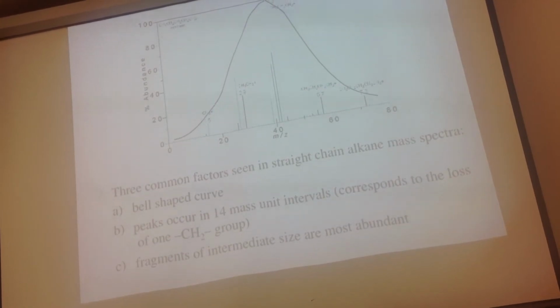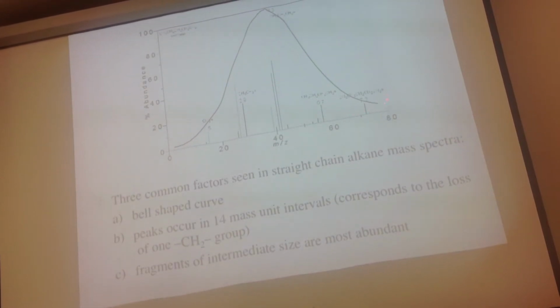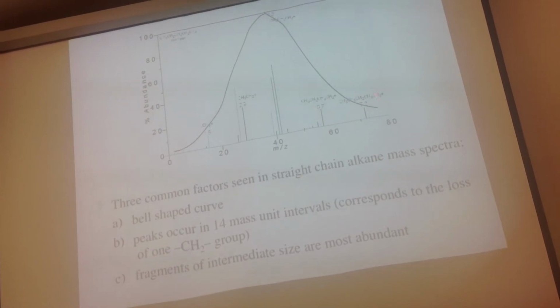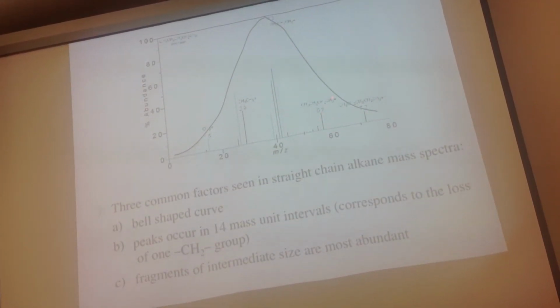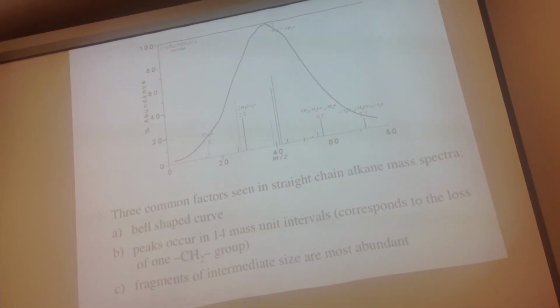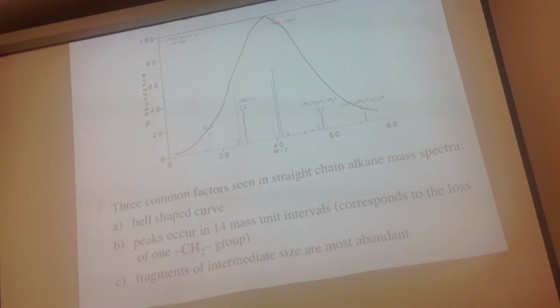So what we have here is looking at the parent, right here at 72. We lost a CH3, right? Kick that off first. And so that took us down to 57. Then as we break our way into the molecule and break off more and more pieces, the only thing we can crack off is a CH2 right there. That gave us that.